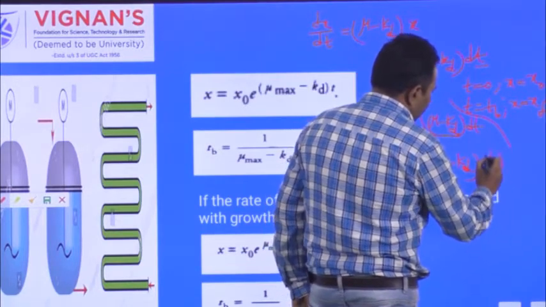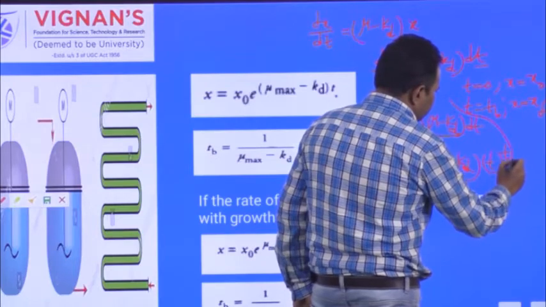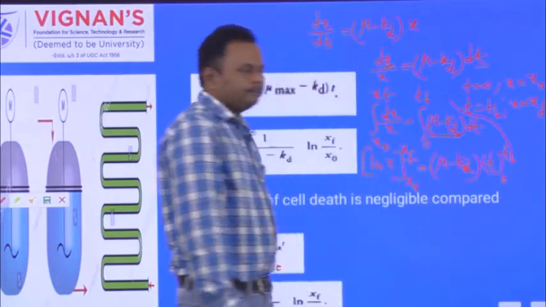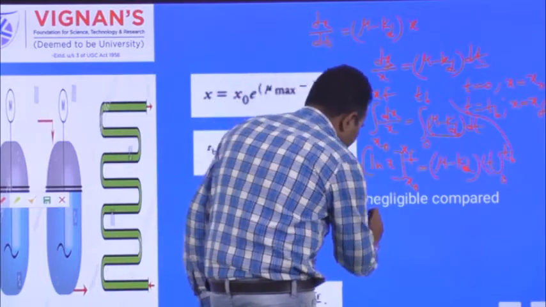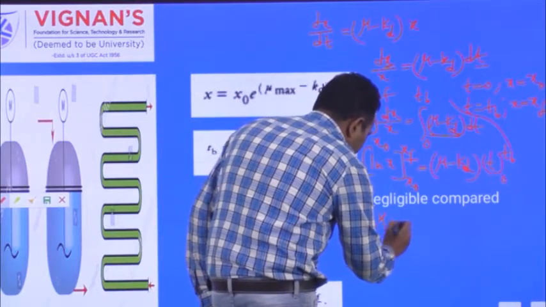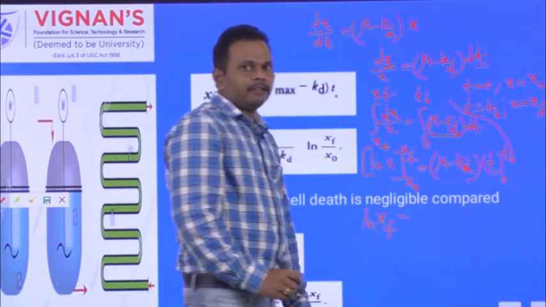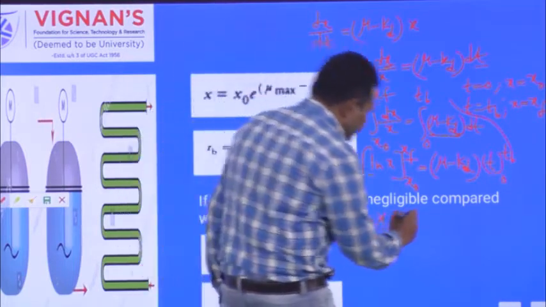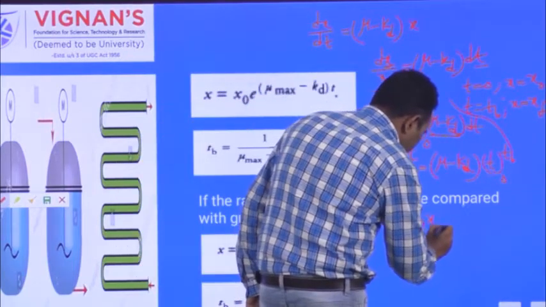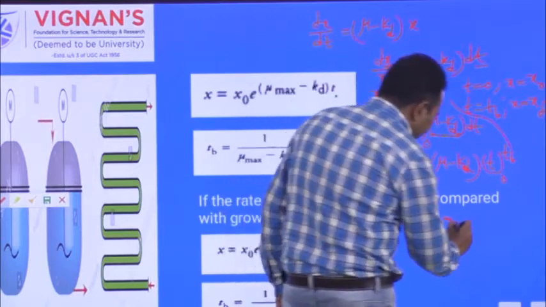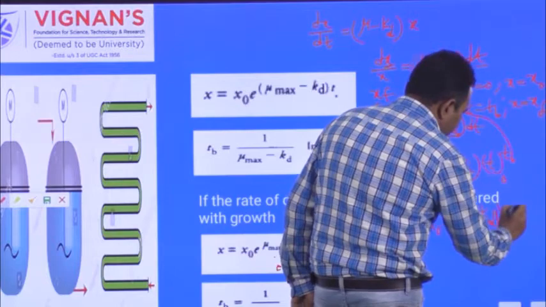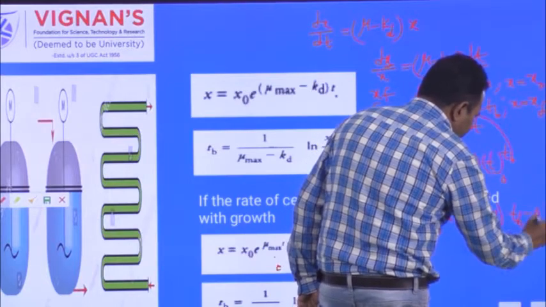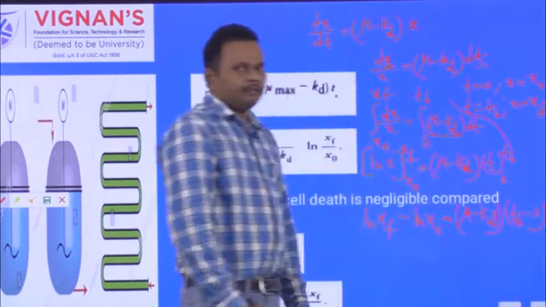Lower limit is 0, upper limit is tb. On the left-hand side, in place of ln x, first substitute the upper limit ln xf, minus, in place of x, substitute the lower limit ln x naught, equal to mu minus kd into tb minus 0.